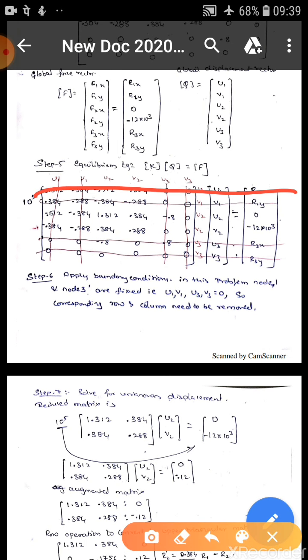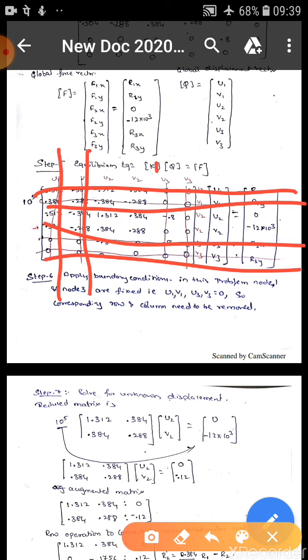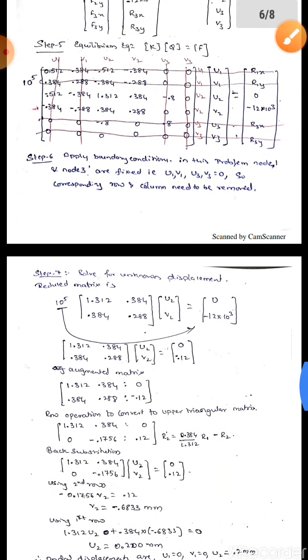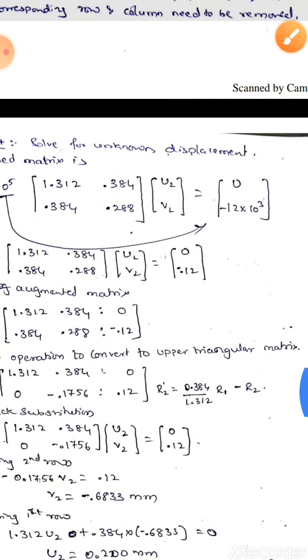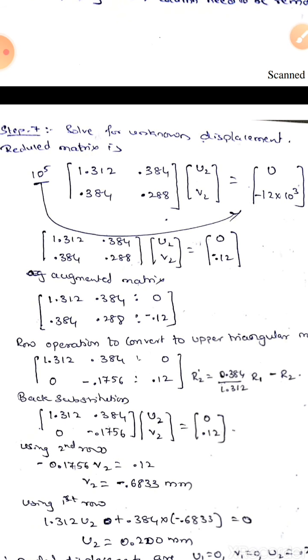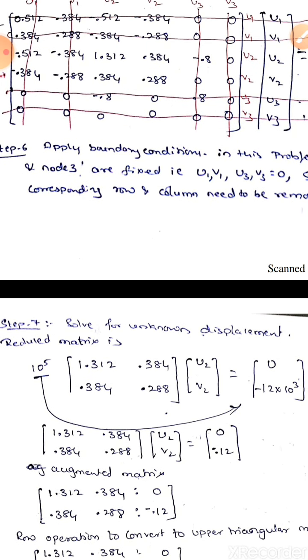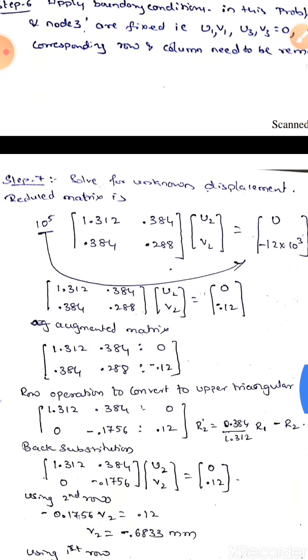So the u1 row, v1 row, u3 row, v3 row, and the u1 column, v1 column, u3 column, v3 column are all eliminated. Then I have written the simplified matrix, the reduced size of the matrix after applying the boundary condition. 10⁵ is common outside, and the remaining values are 1.312, 0.384, 0.384, 0.288, with u2 v2, and for the force vector 0 and minus 12 kilonewton.